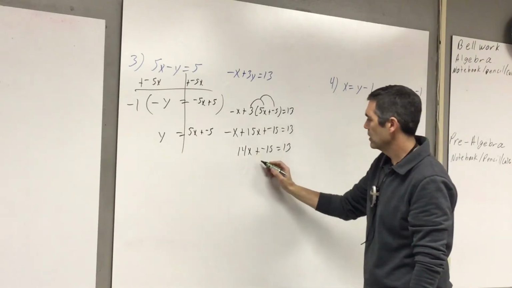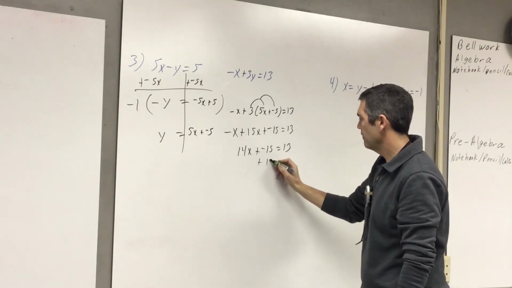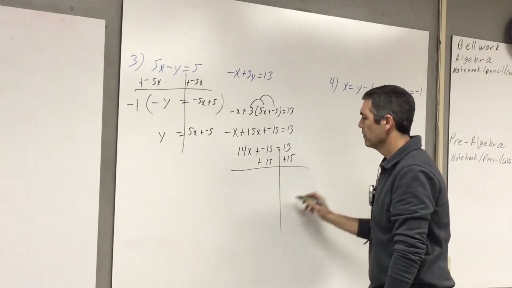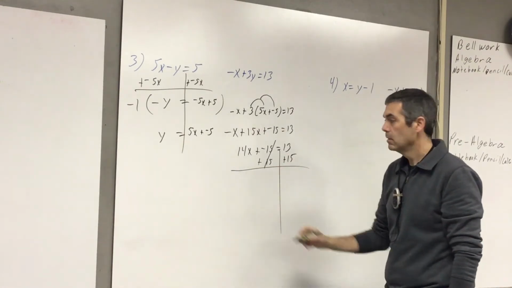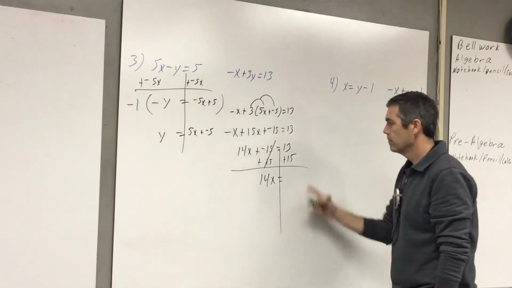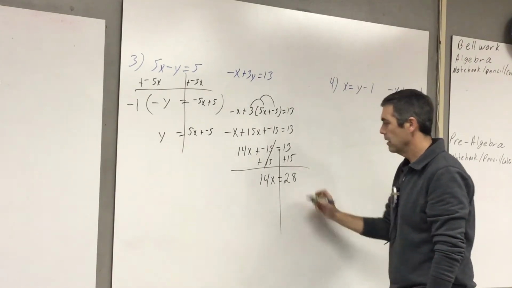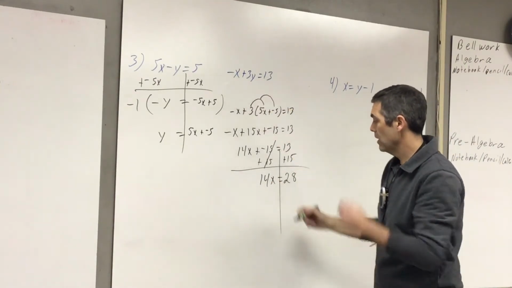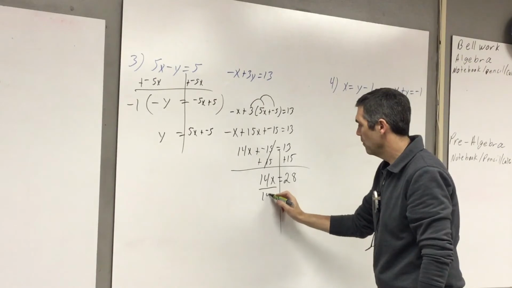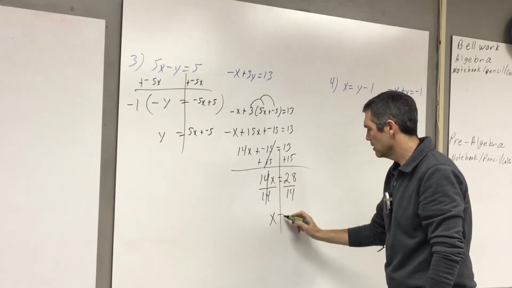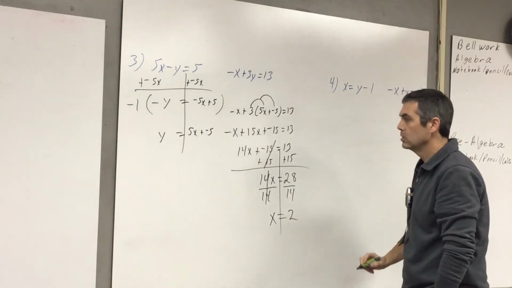Now I'm going to start moving things over. Add 15, add 15, okay? That gets rid of that. Leaves me with 14x equals 28. That's much cleaner than what I would have got if I'd had to do that. Divide by 14, divide by 14, crosses out, x equals 2.